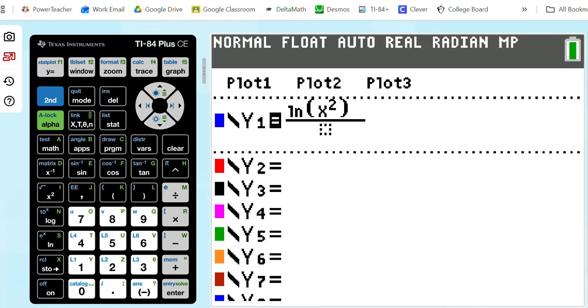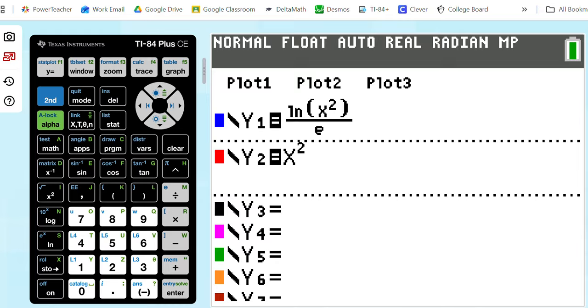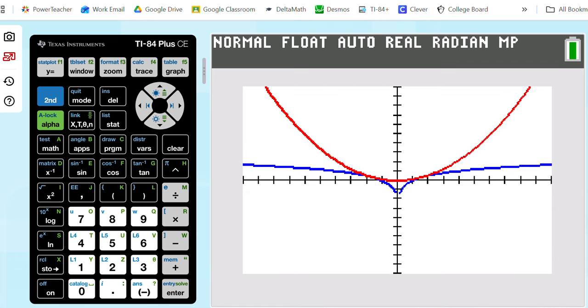Natural log of x squared over e as one graph, and then the other graph was x squared over e squared. And when we graph those, we can see that it sure does look like there are some intersection points there.